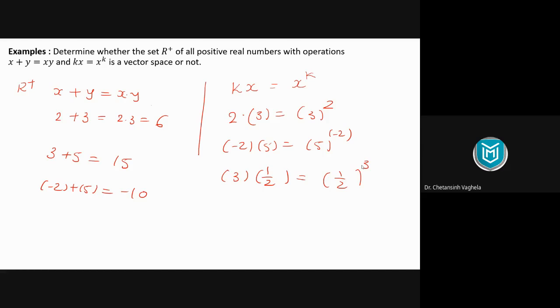Sir, R plus is stated above, so can we take minus numbers for k? K is not coming from your R plus. K is any scalar from R. The object is coming from R plus. You need to understand this.